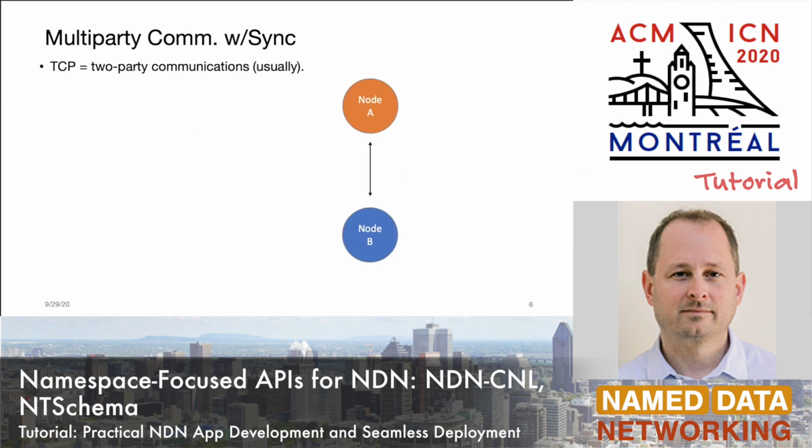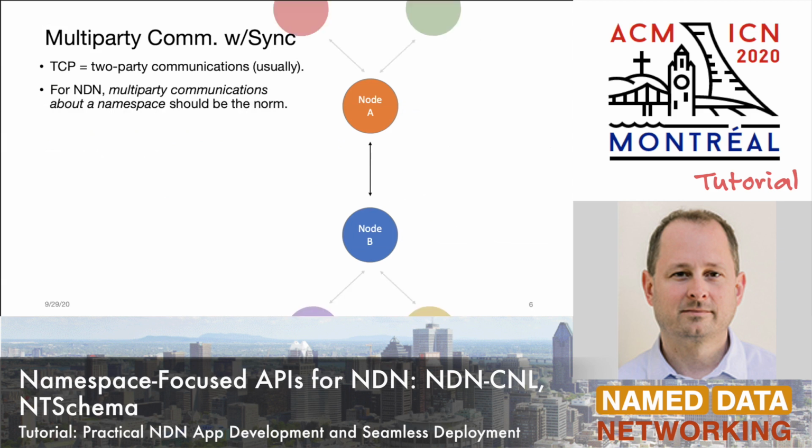so as I sort of described before. The other assumption or goal was to focus on multi-party communication with sync. Generally TCP is providing a two-party transport abstraction on top of IP. And in NDN, we have this capability to start thinking about multi-party communications as the norm. And what are those communications about?